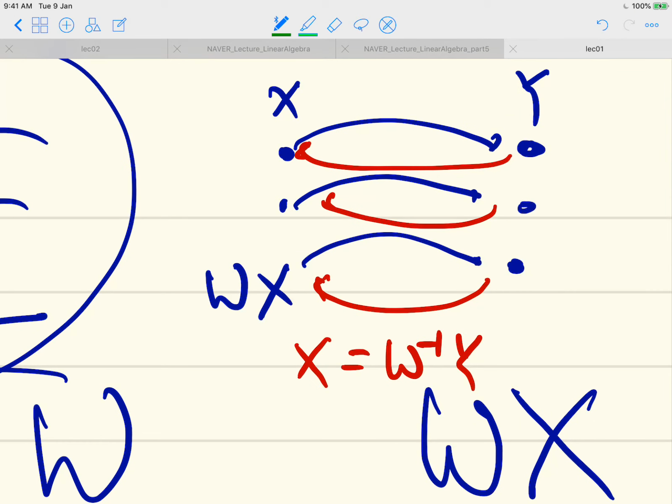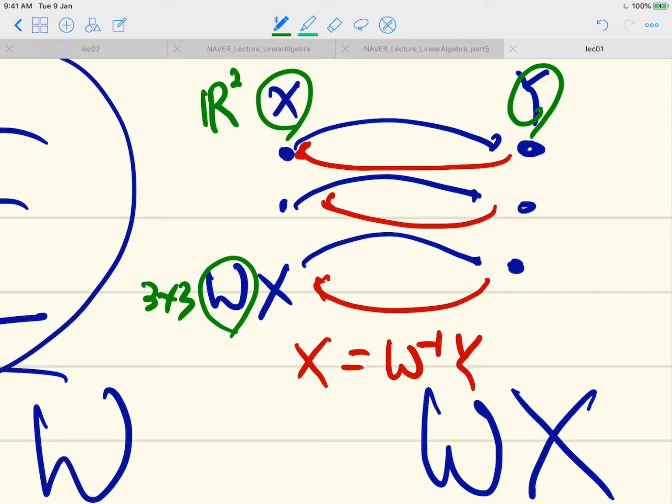Okay, so back to this linear algebra case. Now we can think of the input as a matrix or vector, but let's simplify it as a vector. If our W is a 3 by 3, what is the input domain?